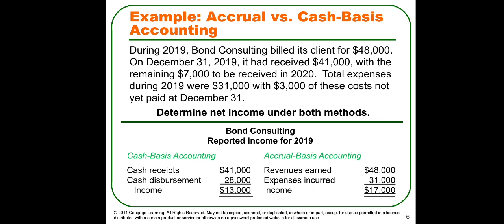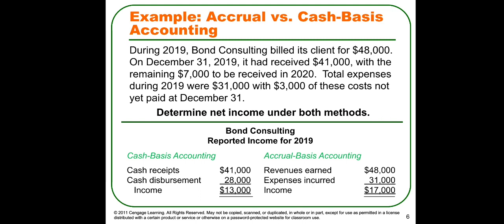For example, in this scenario, it shows that during the year 2019, revenues are 48,000, expenses are 31,000. So profit during the year 2019 is $17,000. So it is more accurate compared to cash basis accounting.